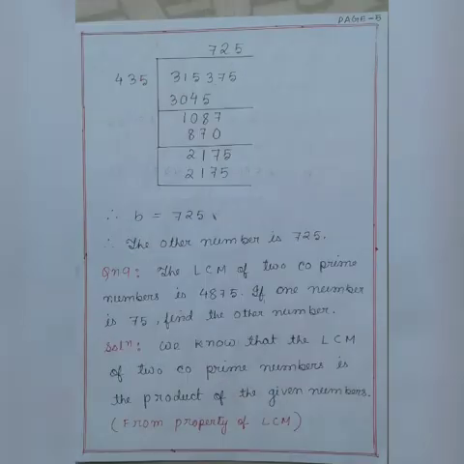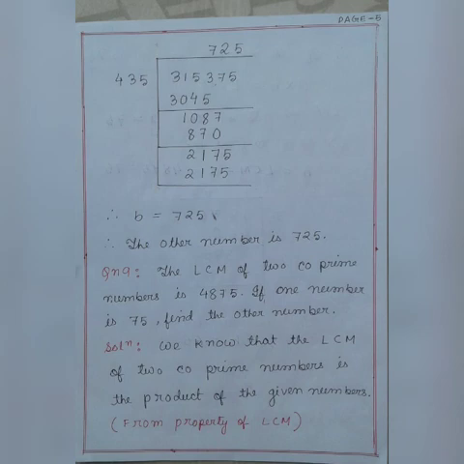Now, if we divide 315375 by 435, the quotient we get is 725. Therefore, B is equal to 725. The other number is 725.